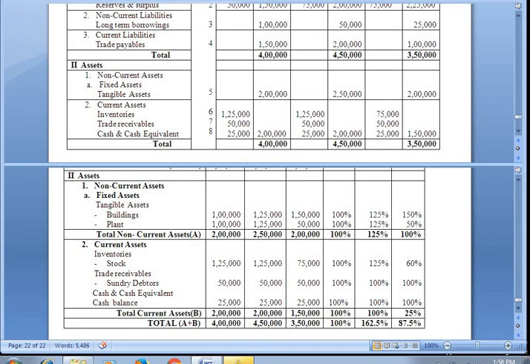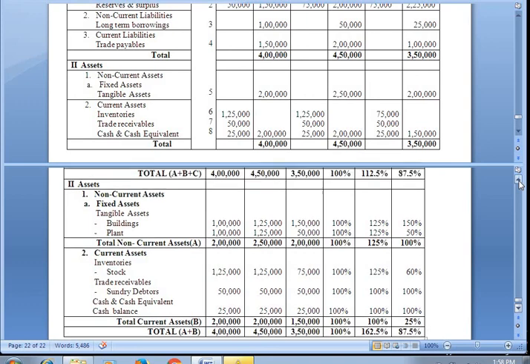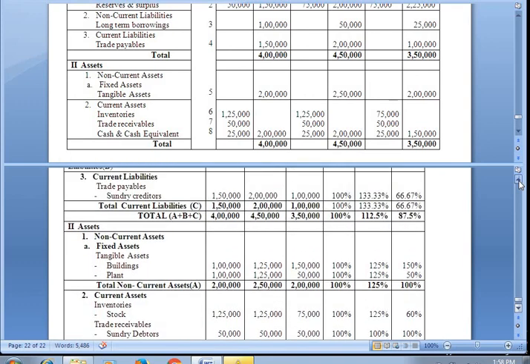Okay. So these are the trend percentages of the items of the balance sheet. I hope you have understood the calculation of trend percentages.